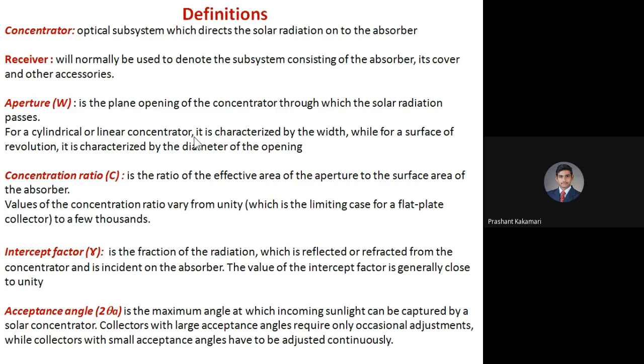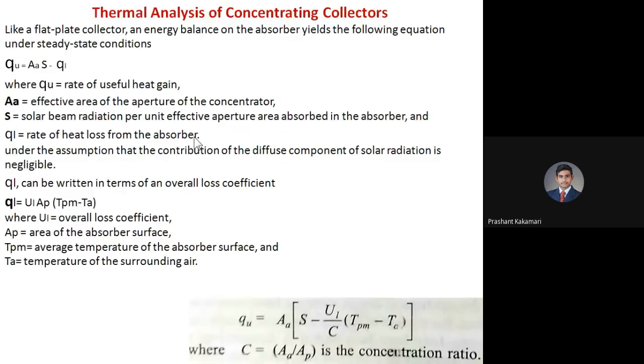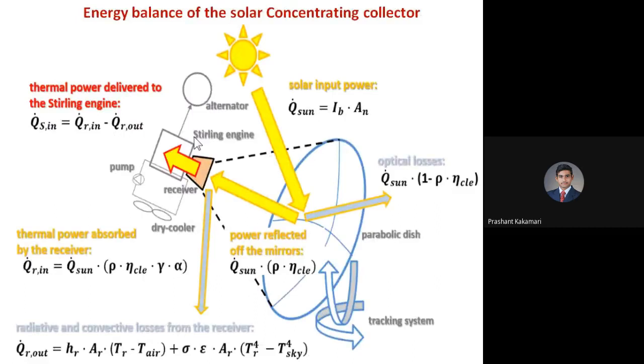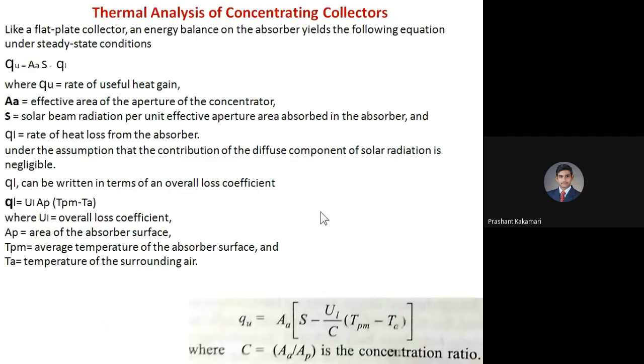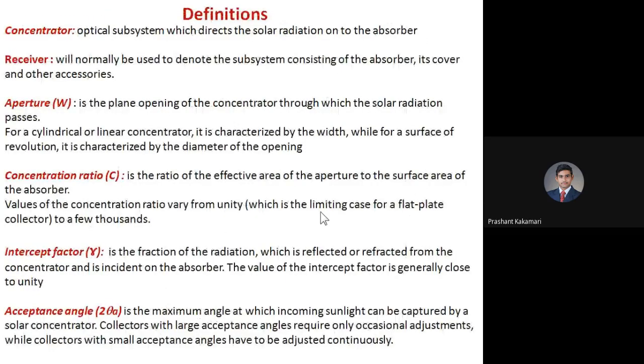As I told you, the cylindrical parabolic type has linear dimensions, but the paraboloid type has a circular area. So you can replace it with W into L, or else pi by 4 d square, like a cross section area. It may have linear dimensions or rotating dimensions. I hope aperture is understood to you.